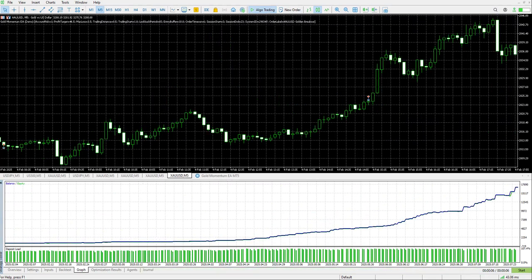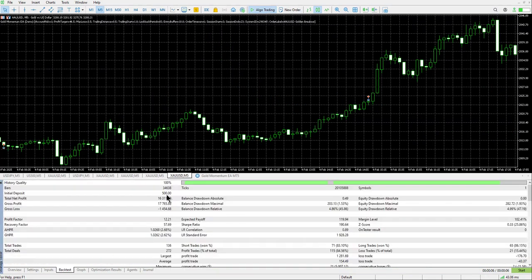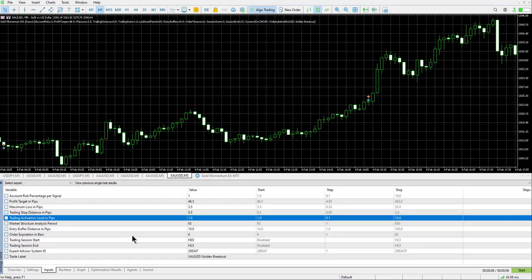All right, so according to the back test, that 500 should be this much profit. So if you want to take the risk, you can pay $100 for 6 months and have the EA for 6 months.